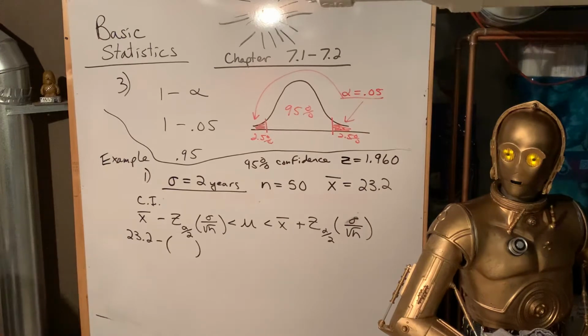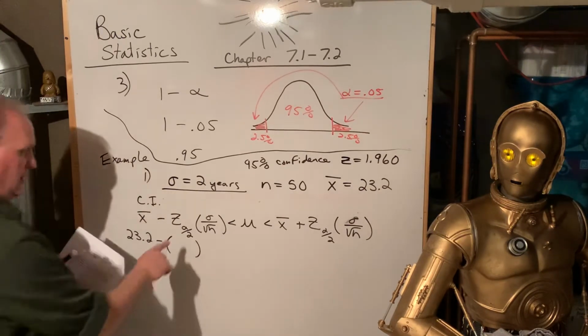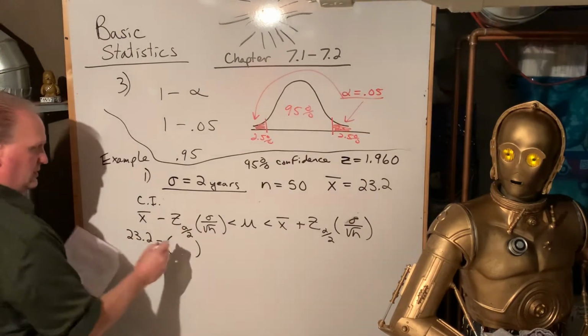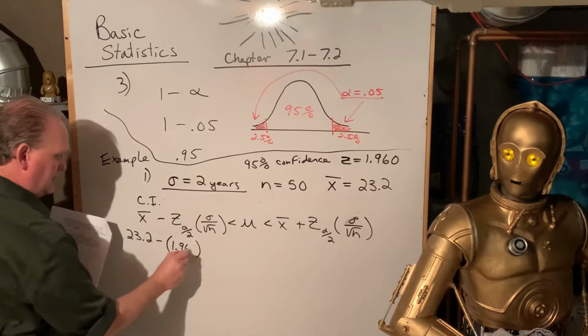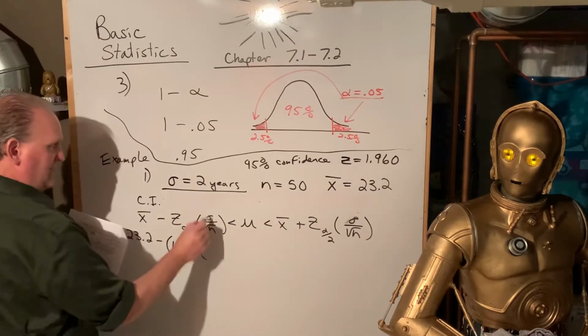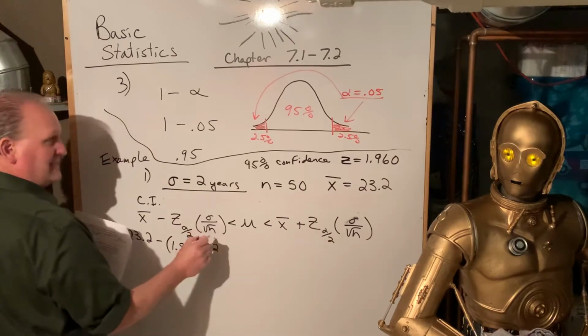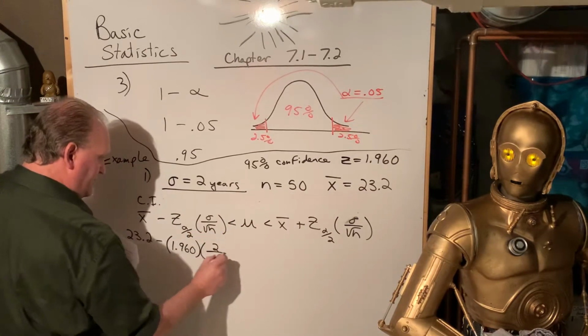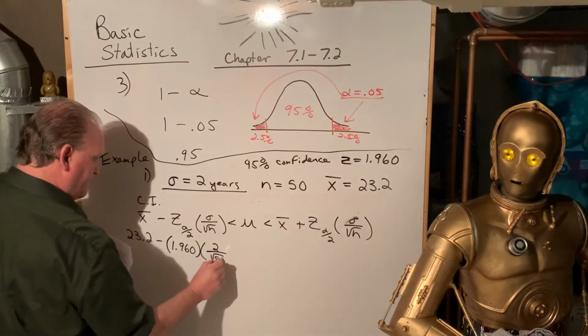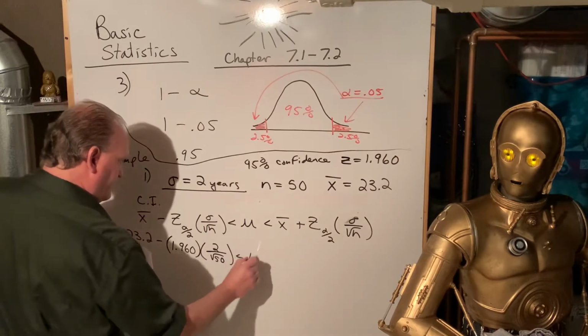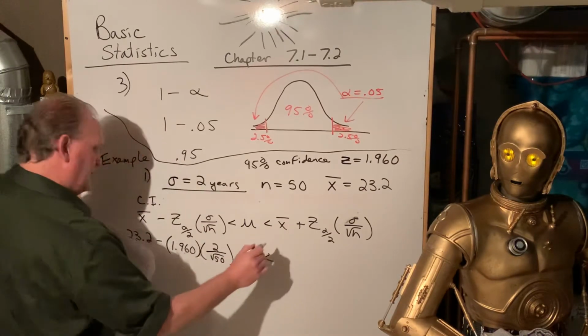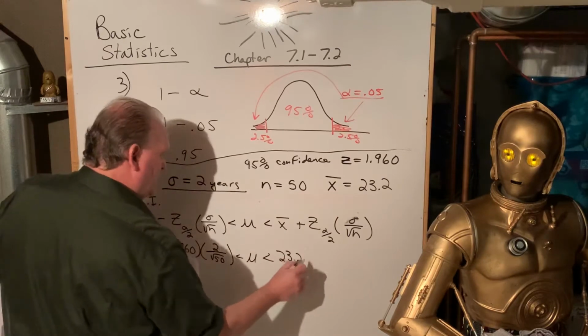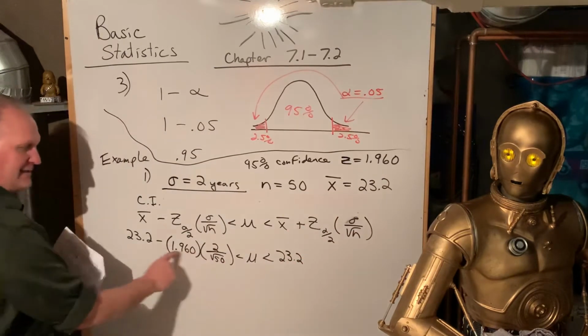So now what we do is we sub in for z, alpha over 2, 1.960. They gave us sigma as 2. They gave us n as 50. This is still 23.2. And now this is going to be exactly the same as that.